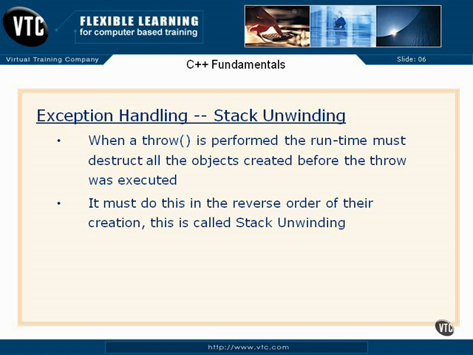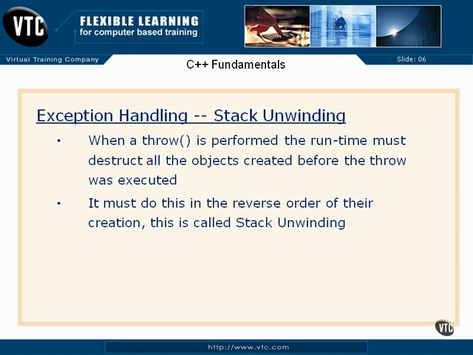Remember, I asked you what would happen if you were in a try block and the try block made a function call, and maybe that function that it gets called into creates some class objects, and their constructors get called, and then we do some other work and call another function, and then we throw down in the middle. Well, that throw is going to cause us to have to undo all of the work that has occurred before the throw.